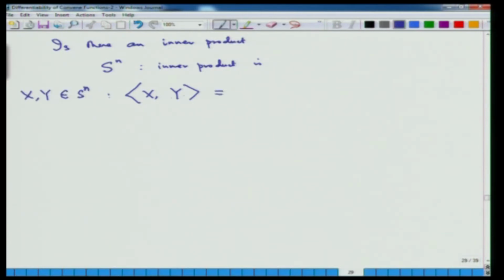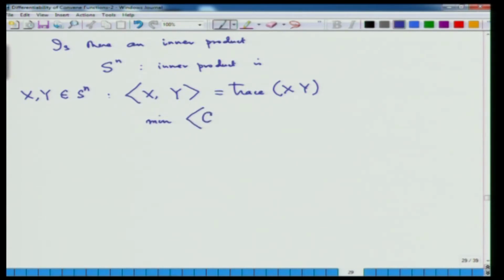The inner product is given as trace of x transpose y in general, but x transpose is the same as x here because it is symmetric. So it is trace of xy. The trace is nothing but the sum of the diagonal elements of a matrix. Once you have this, it allows you to frame an optimization problem, as if I am framing a linear programming problem in the space of matrices.